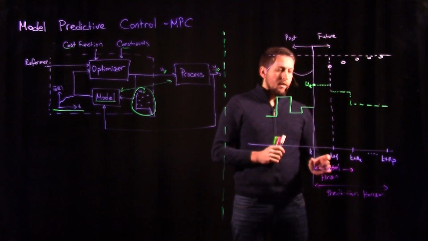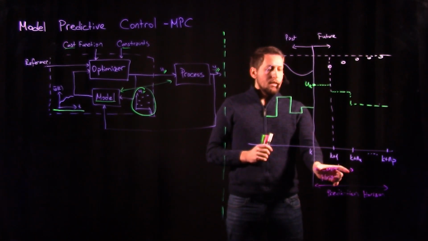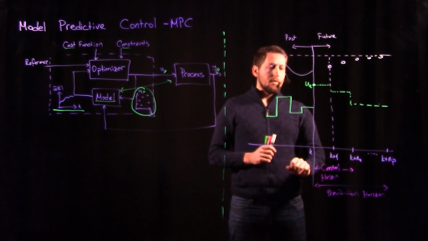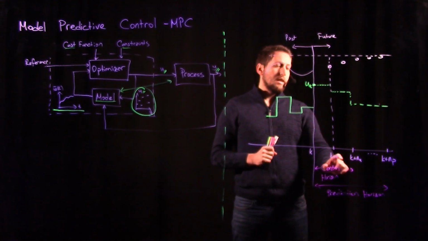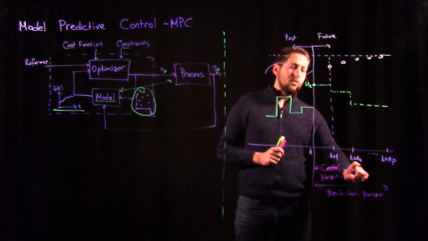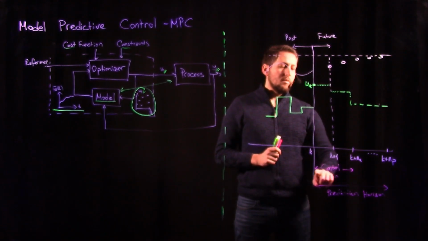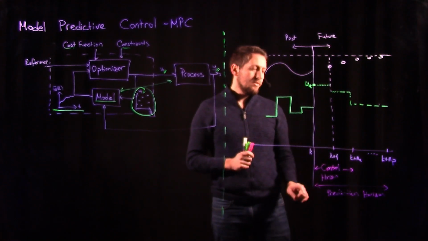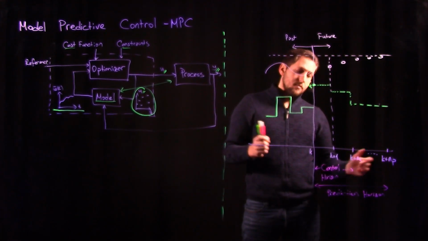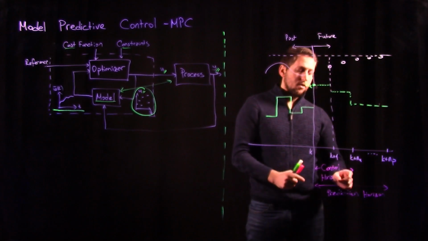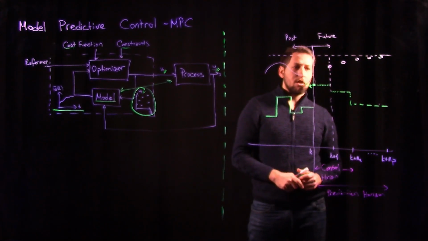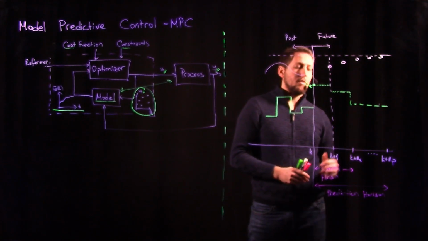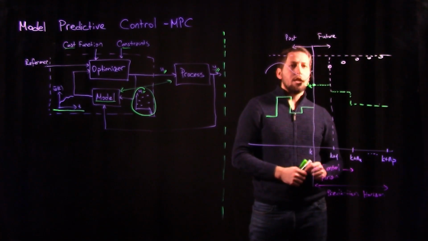You see we have this control horizon from time k to time k plus nu. U is the input signal, so this means we have the control horizon until this period, and then we have a prediction horizon, which may be larger than the control horizon, until when we are calculating our system output. This may also be equal to the control horizon in some cases.